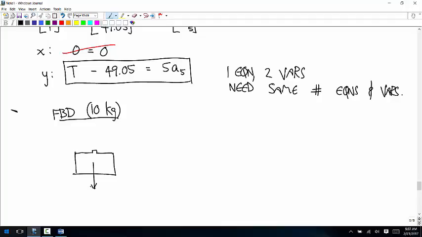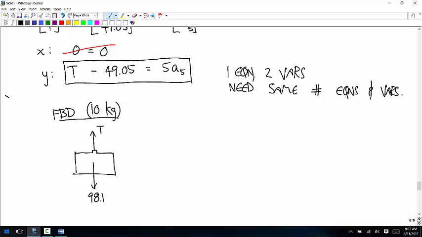There's a weight, 10 times 9.81. There's a force from the cable. What's the magnitude of this? T. T, yep.